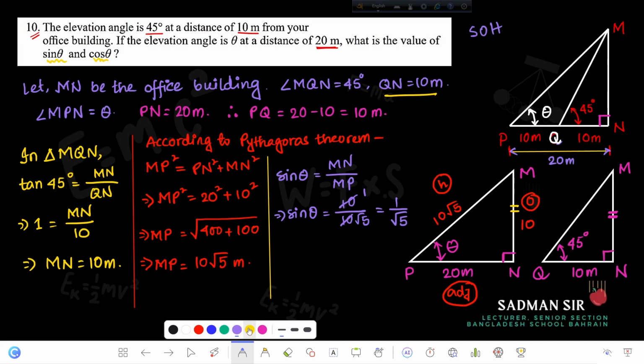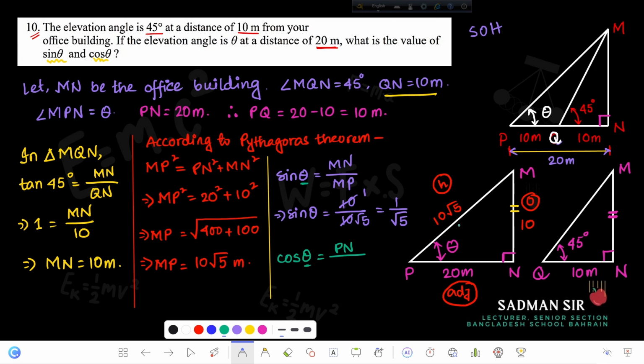And similarly, we can find out the value of cos theta also. Cos theta is adjacent by hypotenuse. Adjacent is PN. Now many of you might be wondering why I'm referring to this triangle again and again, because we are dealing with angle theta now, right? So theta is in this triangle, definitely in this one, right? So that is why we are referring to this triangle again and again.